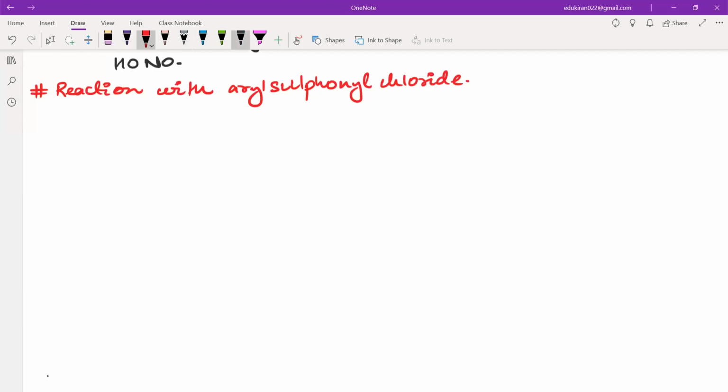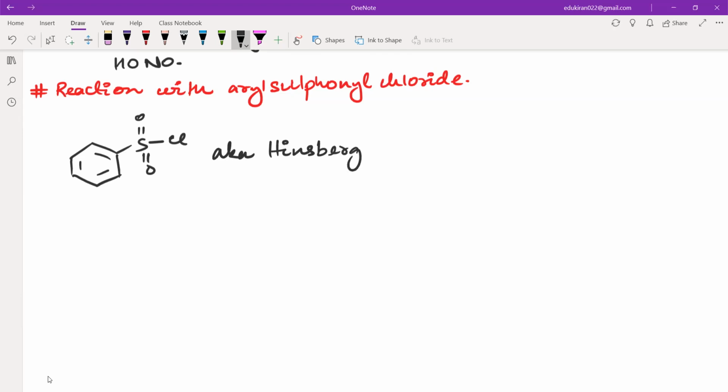So this is benzene sulfonyl chloride. This is also known as Hinsberg's reagent.